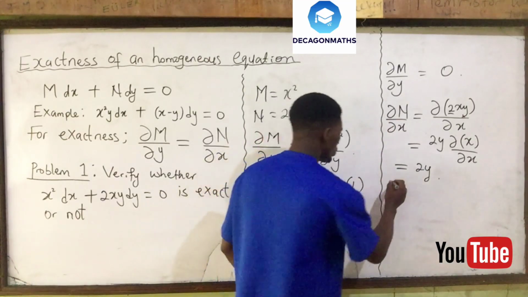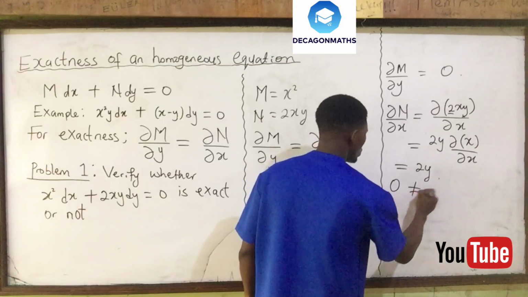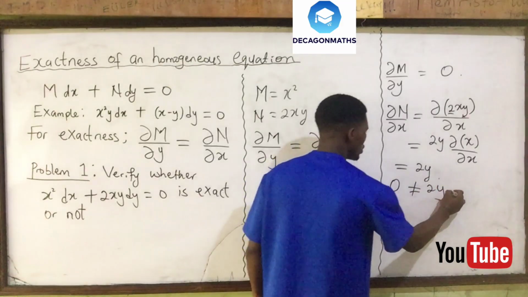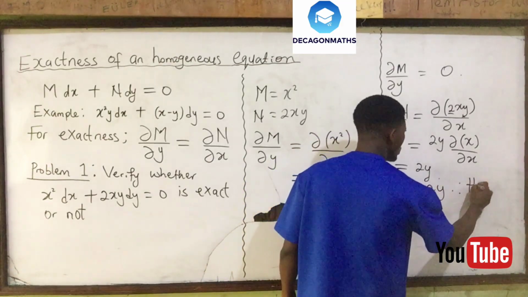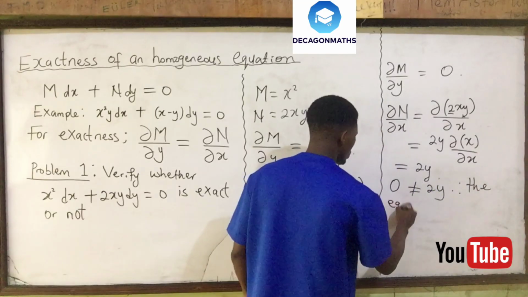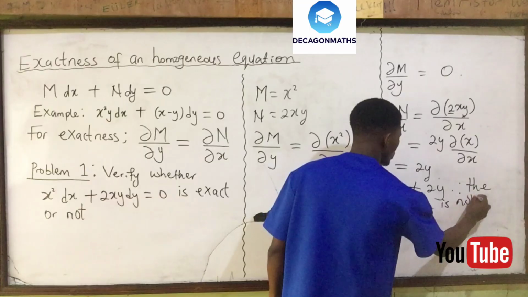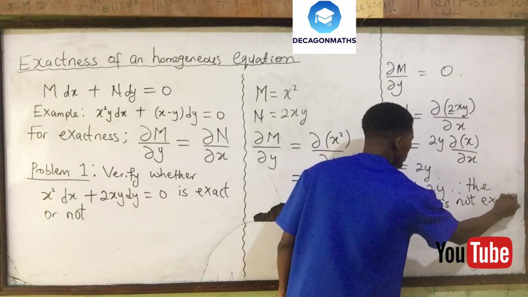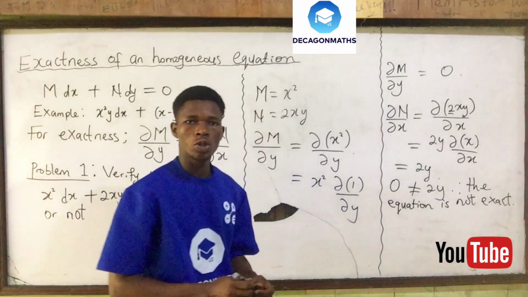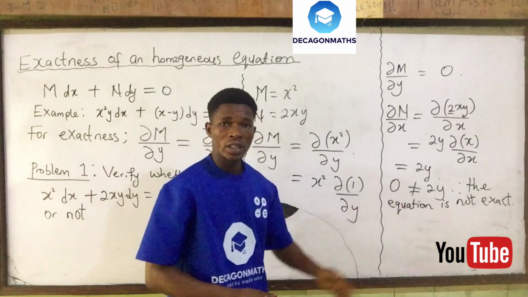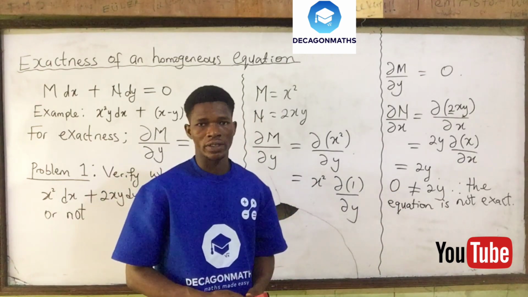Since we know that 0 is not equal to 2y, therefore the equation is not exact. So that will be our conclusion. Since we have this case, the equation is not exact.